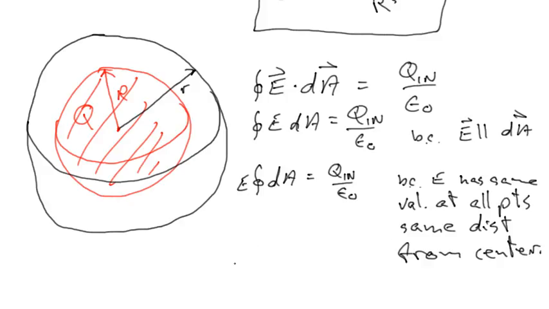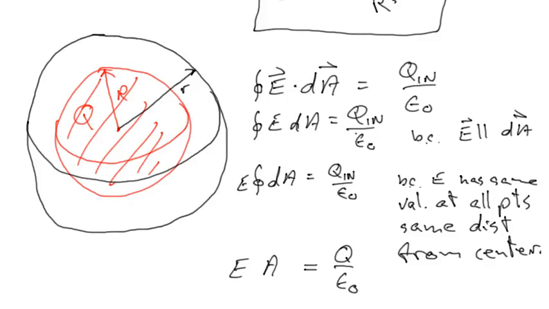Alright, and then this is just E times A, because the sum of all the dAs is the total area, and that's equal to the amount of charge that I got inside this surface, all of it, capital Q, over epsilon 0.